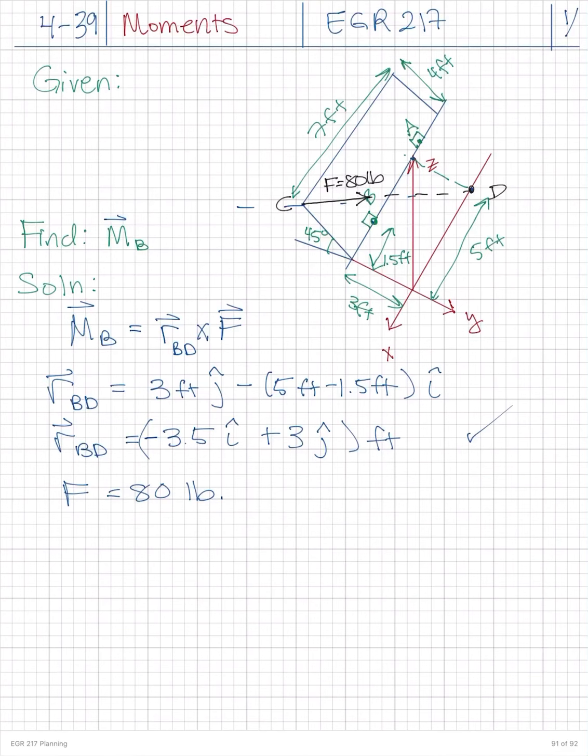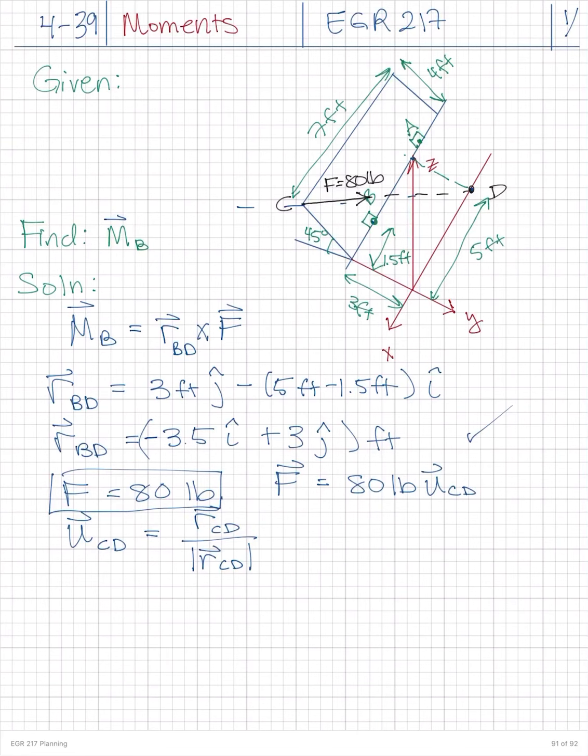So we want to figure out the unit vector from C to D, and that's going to equal the position vector from C to D divided by the length of that position vector. This is the scalar of F. The vector F will equal 80 pounds times that unit vector from C to D. So that'll give us the direction.